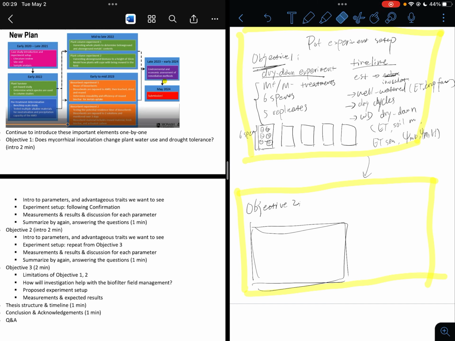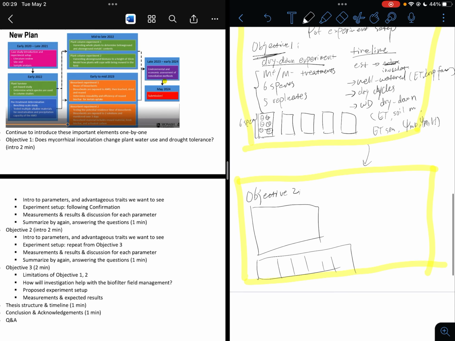But I think for experiment 2, it's not the best way to do it. It's good that we copy and paste that whole thing there, and we have the 6 blocks here, right? So we need to redraw those. We should use a red mark here to add onto the treatments, the WD and WW treatments.